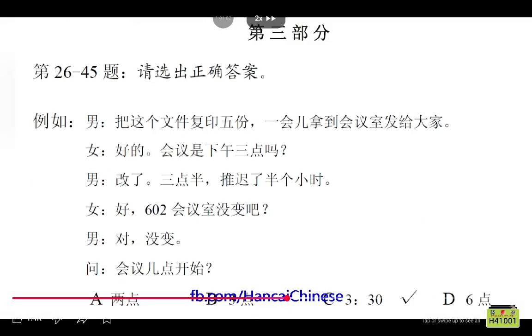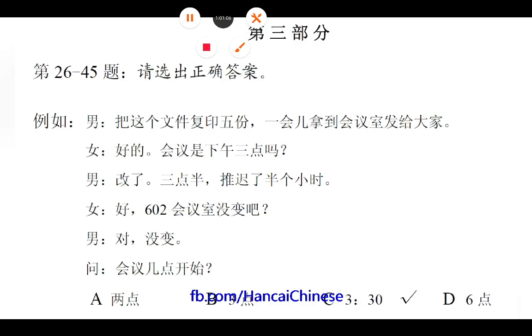Now prepare for 27. 第3部分，一共20个题。This is section 3 of the HSK4 listening part. Why do we want to solve this question also in this video? Because I already mentioned this part to you.